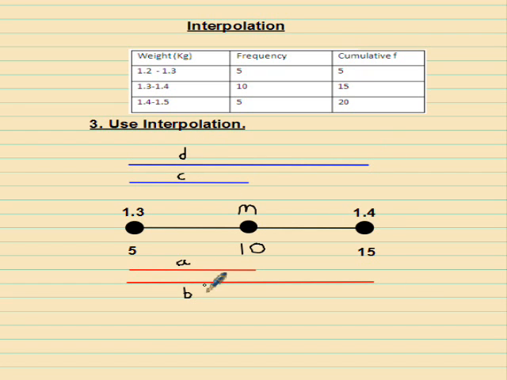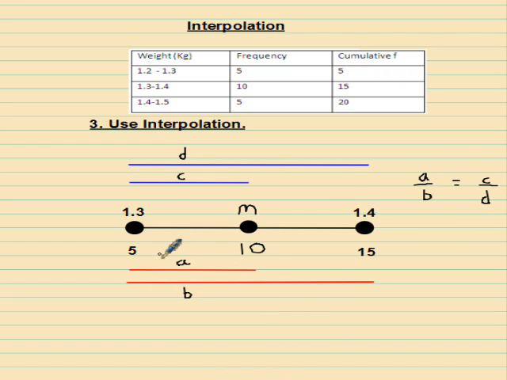And these are equivalent fractions, so we've moved A out of a total distance of B to get to here, and we want exactly the same interval on the top, so we know in exactly the same way we move C out of a total interval of D. And then we can simply put our values into these equivalent fractions and solve.